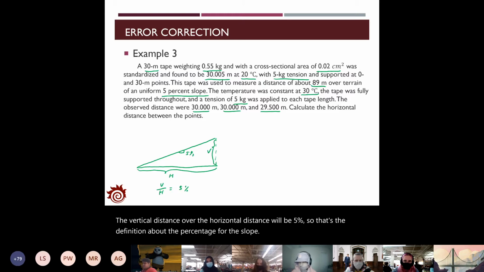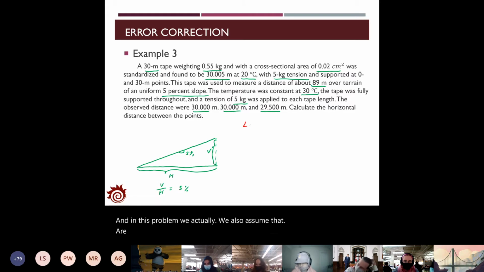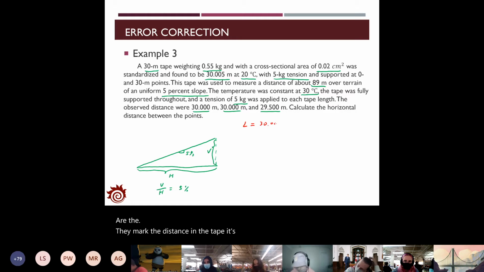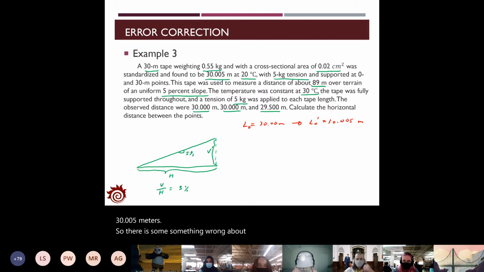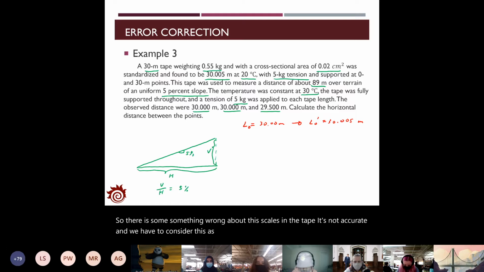And in this problem, we also assume that the marked distance in the tape is 30 meters, but indeed it measured 30.005 meters. So there's something wrong about the scales in the tape. It's not accurate, and we have to consider this as the error from the instrument.